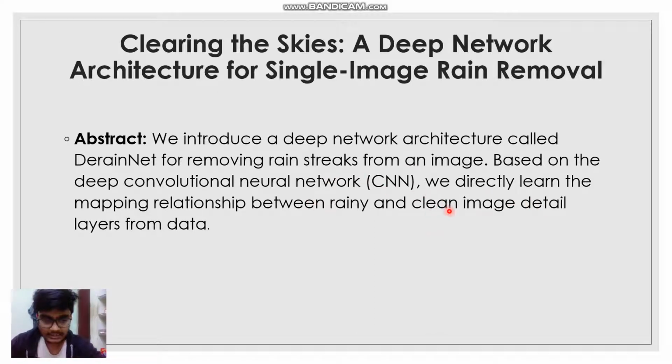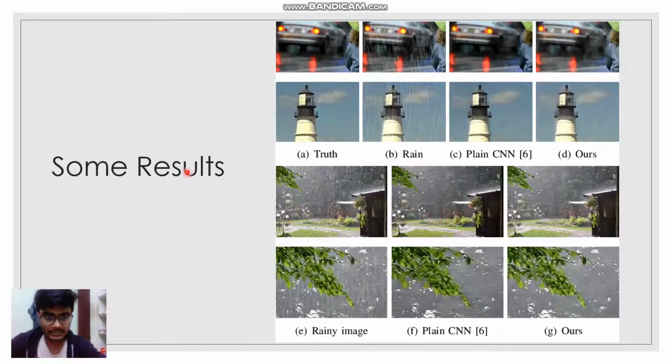We directly learn the mapping relationship between rainy and clean image detail layers from the data. These are some of the results. Here the ground truth is shown, and rain represents the rainwater image, and on using a plain CNN, these are the results obtained.